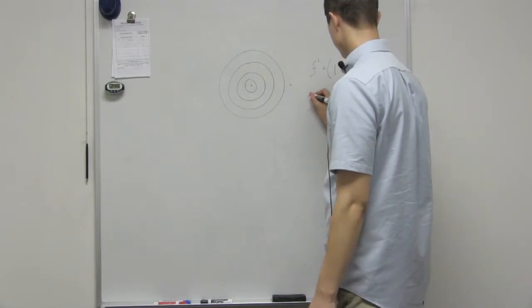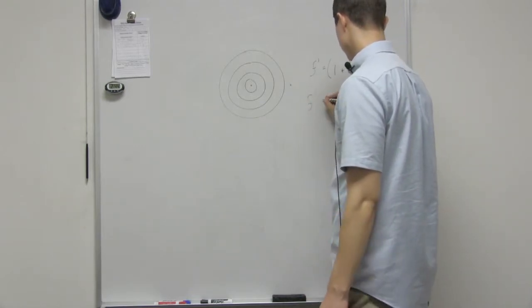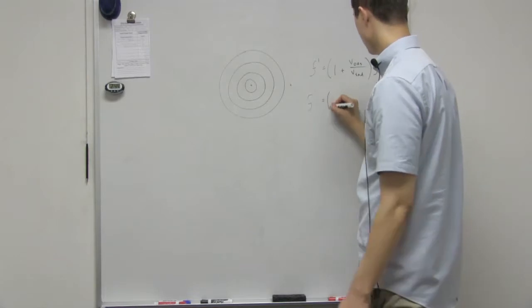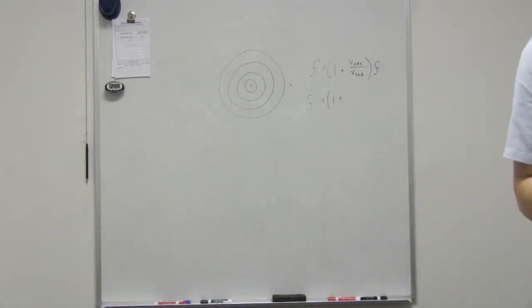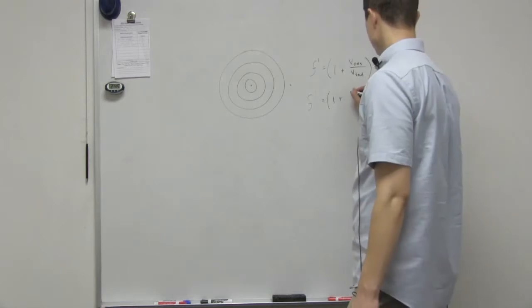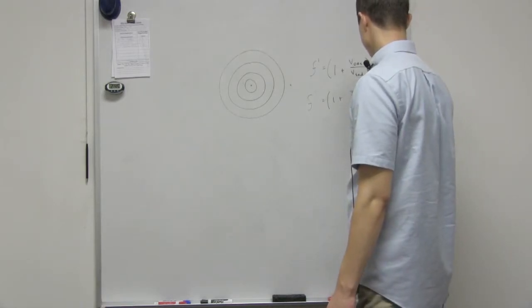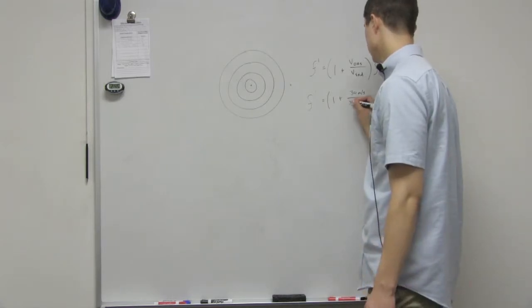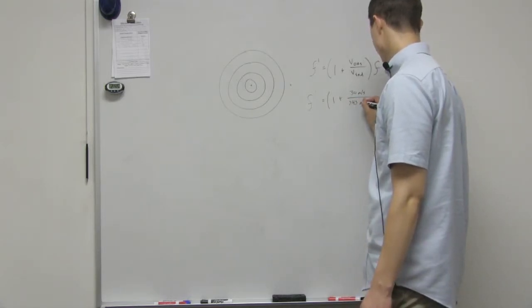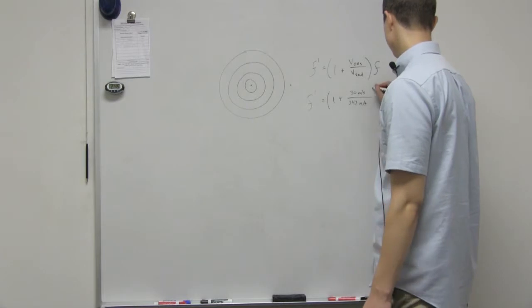So we don't know frequency prime, so we'll leave that as a variable. The velocity of our observer, they're moving away at 30 meters per second. Sound travels, unless told otherwise, at 343 meters per second.